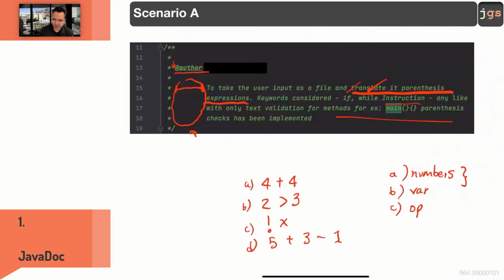Because think about it, right now you have this, what? And I can do two things. I can ask you to add parentheses, and then it's going to become calling a method, an instruction.